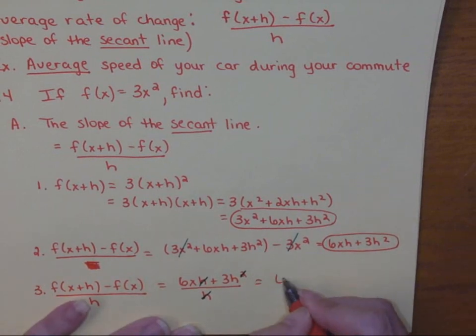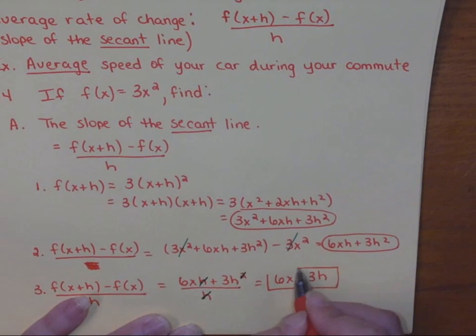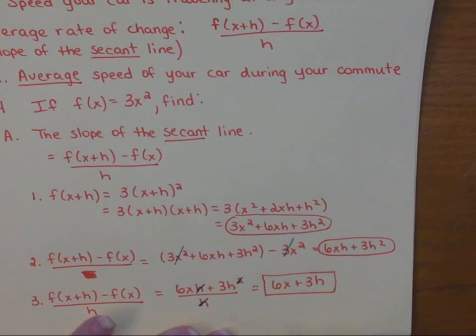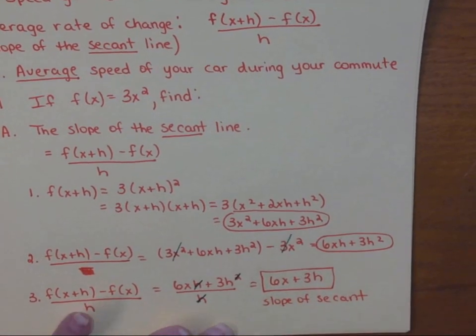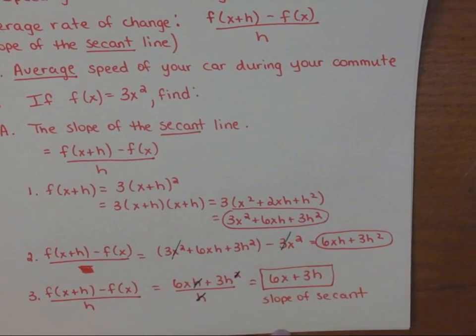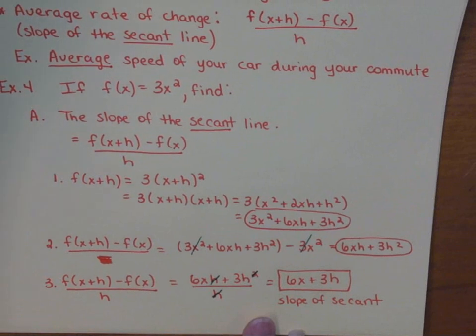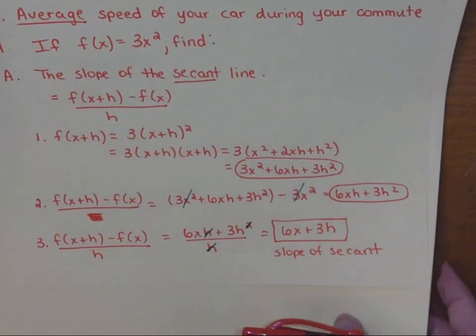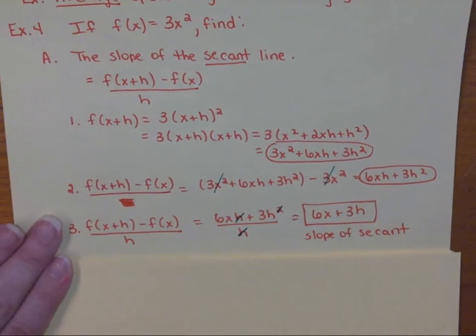So we're left with 6x plus 3h. And that's as far as we can go. Okay, this is the slope of the secant line. Notice we weren't given what x is, nor were we given what h is, so that's as far as we can go. If we were given one of those things, we could plug it in, but we weren't. We don't plug in h equals 0 because we're not doing that limit step for average rate of change.